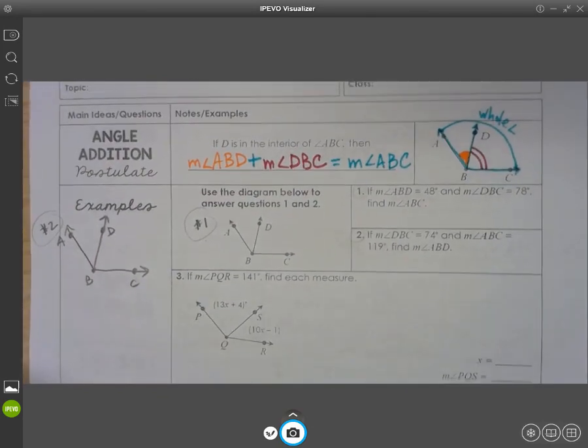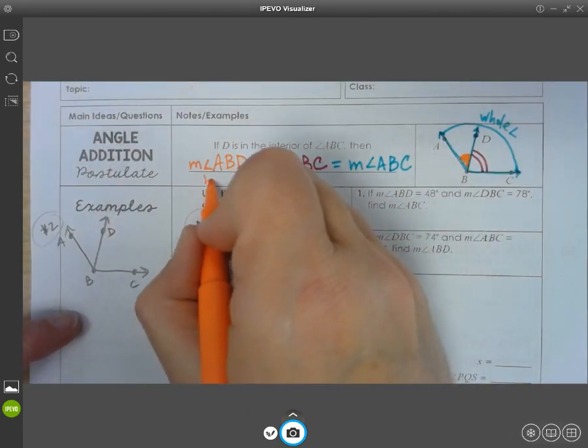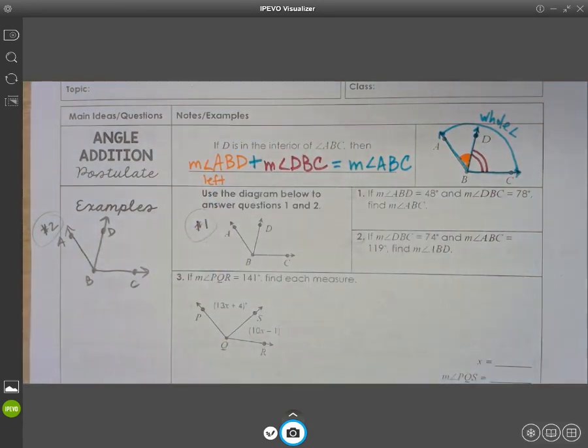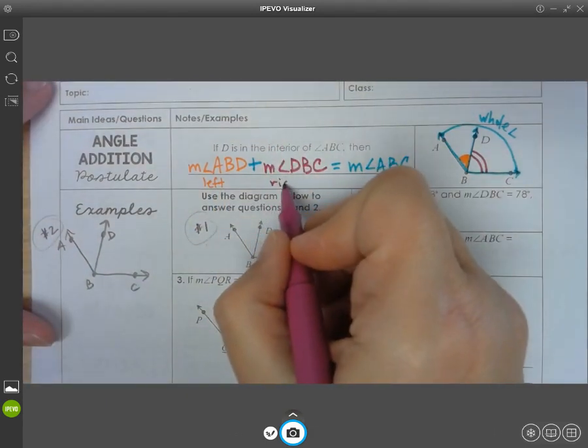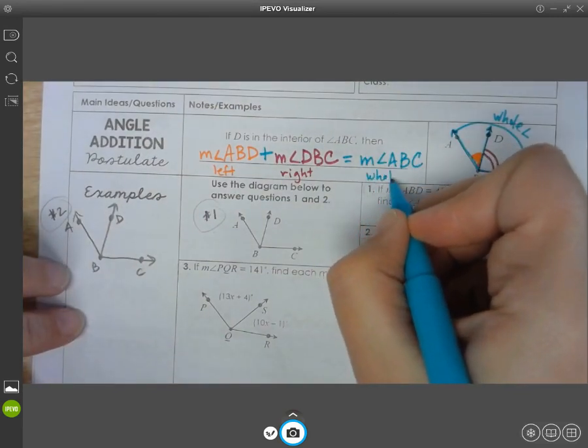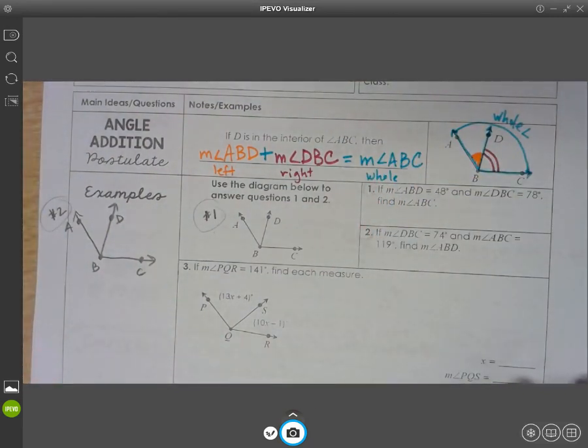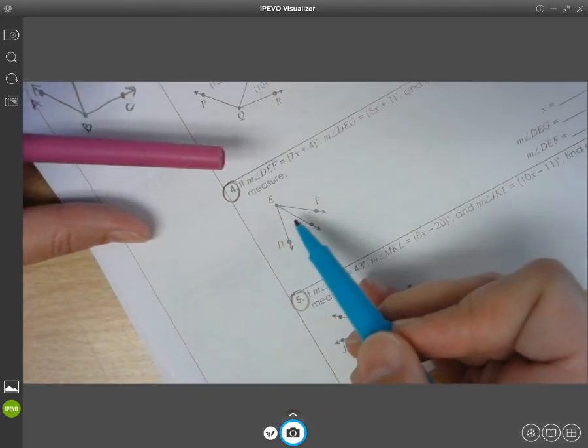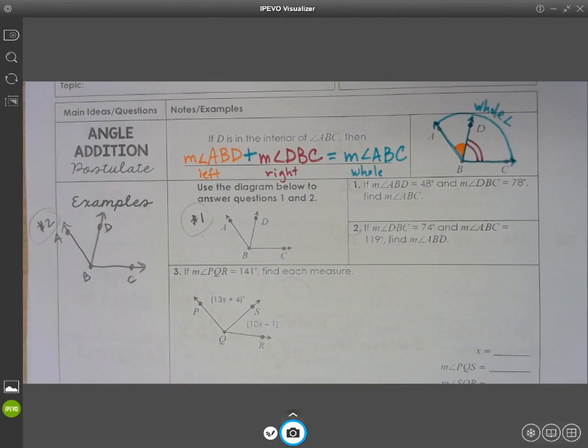Okay, so another way you can think of this is the angle on the left, this is the angle on the right, and this is the whole thing. Or sometimes the picture might look like this, where this one's on the top, this one's on the bottom, still the whole thing. Okay, something to distinguish between the two sides or the two edges of it.